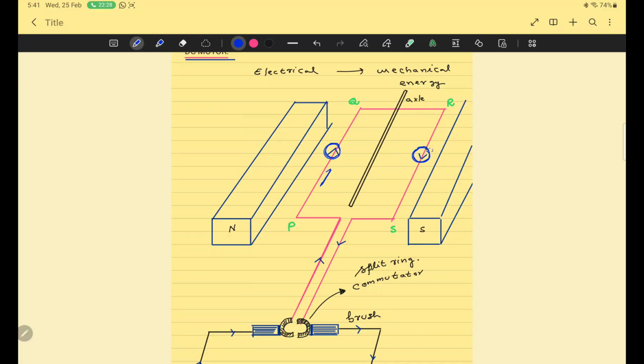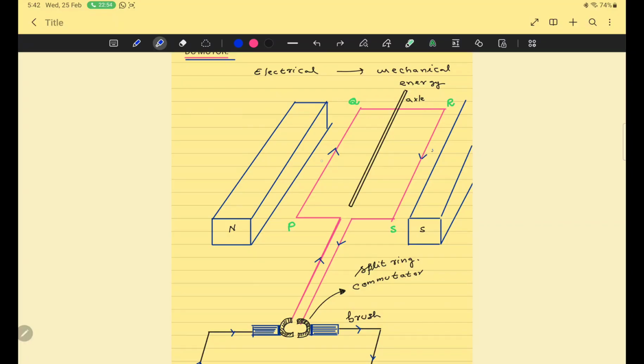This is in this direction, and this is in this direction. Their directions are opposite to each other. And you know, if the two sides carry current in opposite direction, then they will experience magnetic force in opposite direction.